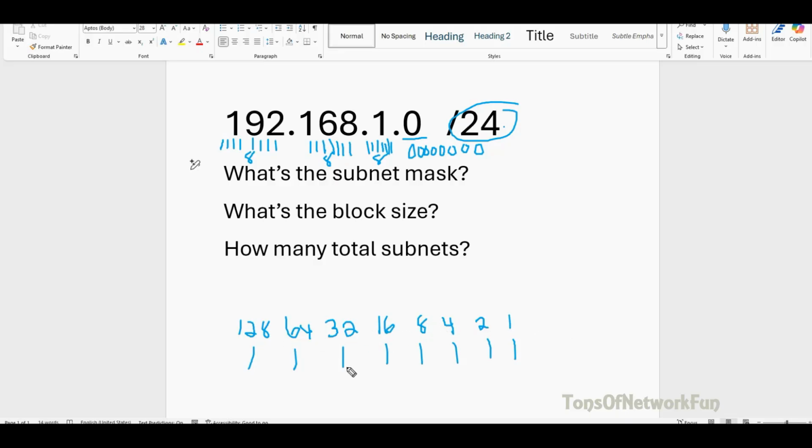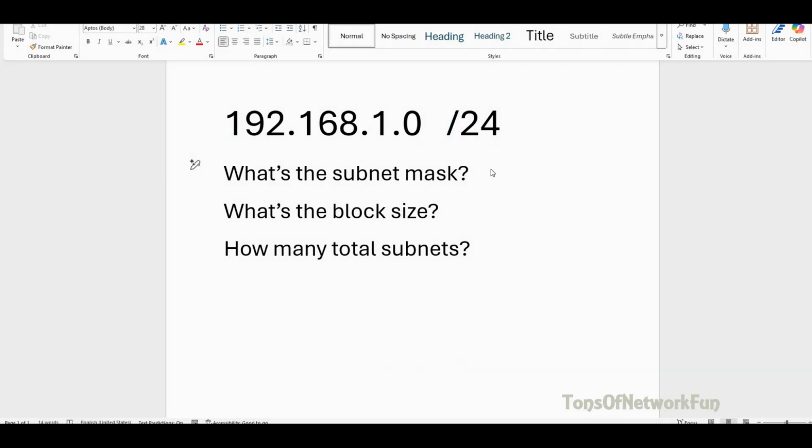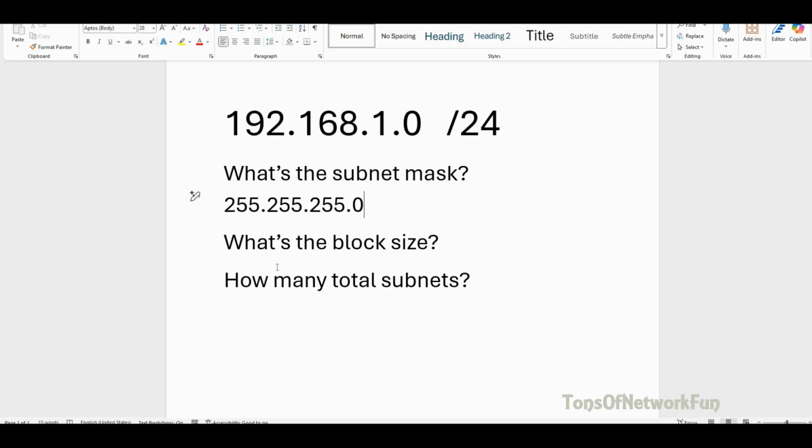If you add all of them together, 128 plus 64 plus 32 plus 16 plus 8 plus 4 plus 2 plus 1, you get 255 under 192, and then another 8 ones, 255 under 168, another 8 ones under 1, you get another 255, and for the 0 we just put 0. So the subnet mask would be 255.255.255.0. There is no block size, just one block, right?